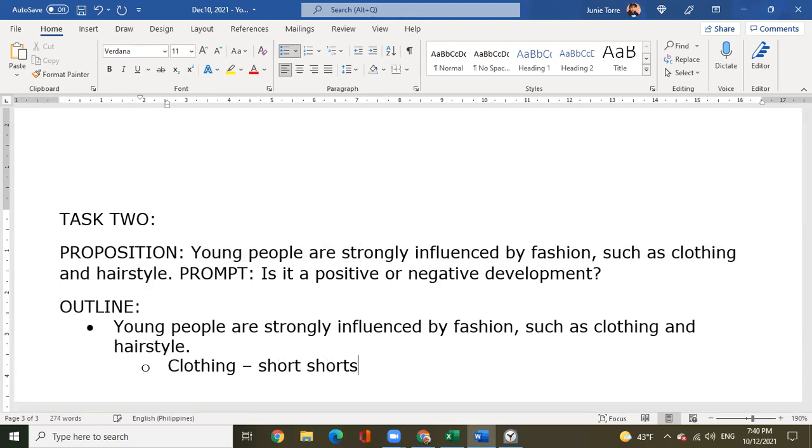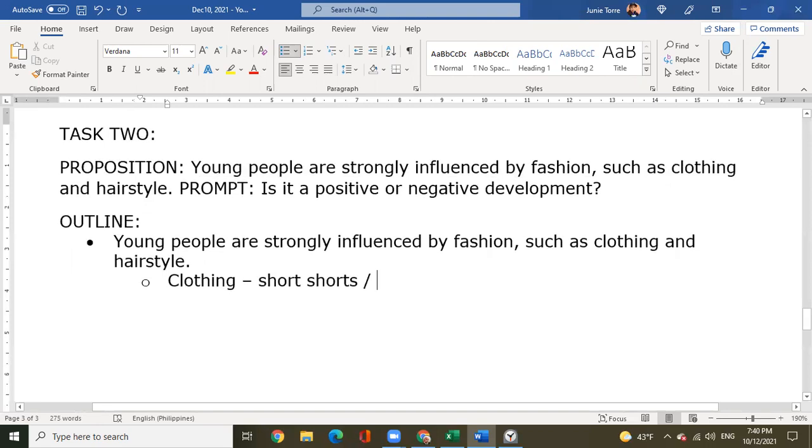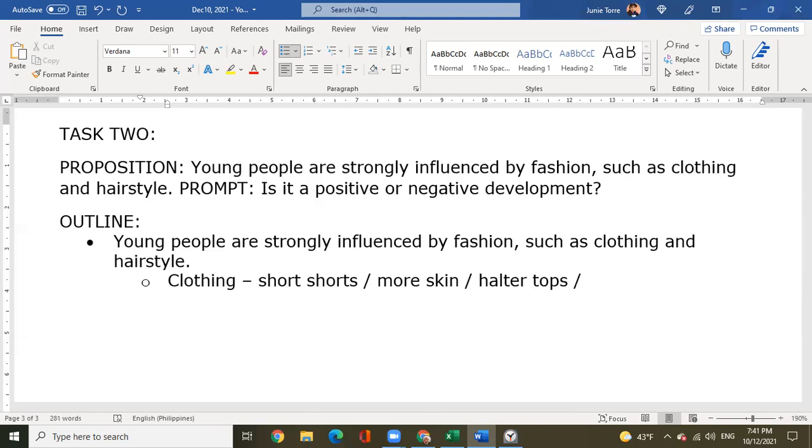It would have been good if I had a number of really good, more skin. What else? Help me, guys. Halter tops. And what do you call that? Like when you see the belly button, what do you call that kind of shirt? Crop top. Crop tops. There.